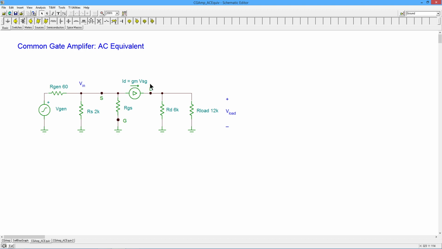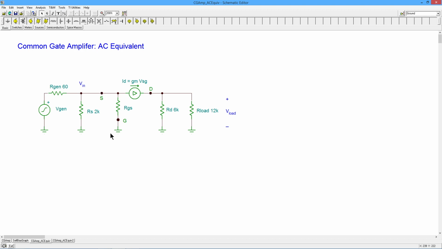And ID is GM times VGS, so when you divide that out, the VGS values cancel, and you just end up with 1 over GM. So 1 over GM is the Z in source, if you will, and that winds up in parallel with RS. Usually 1 over GM is going to be less than RS, and is the dominating factor, okay?